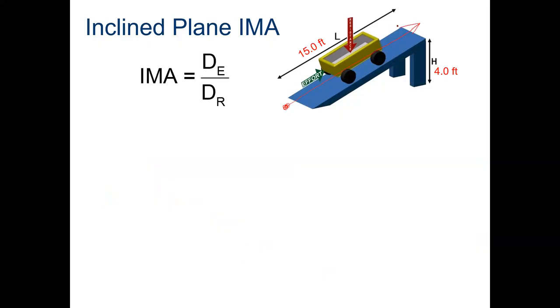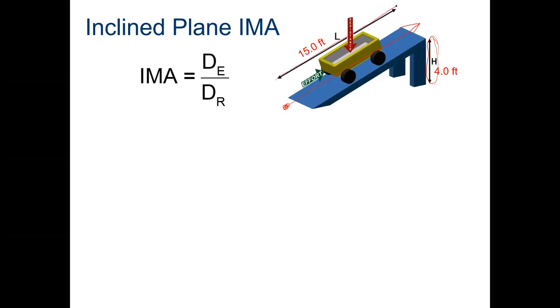And so my distance of resistance is from starting on the ground right here up to this final point at the top, which is equivalent to the height of our ramp. So this H is our distance of resistance, and then we're pushing up the length of the ramp, so actually up the slope is our distance of effort.